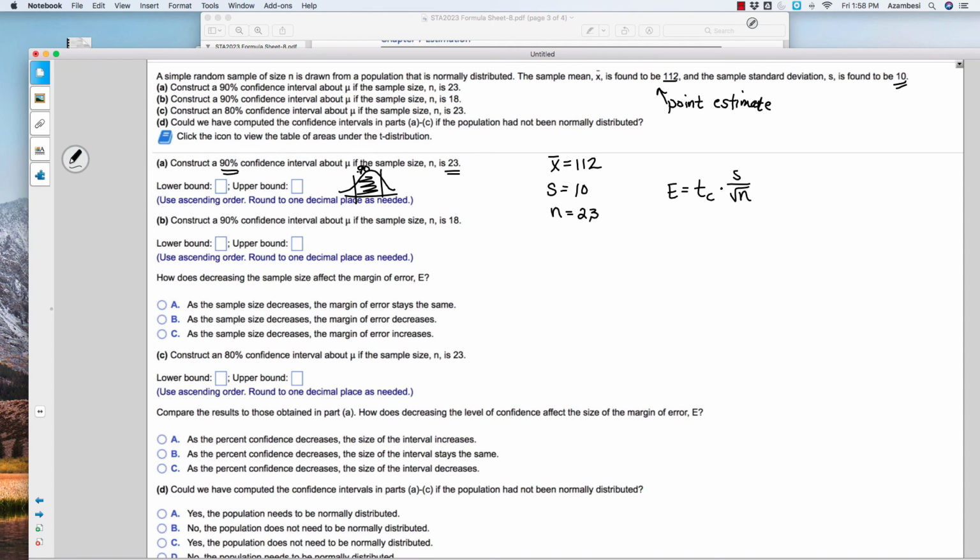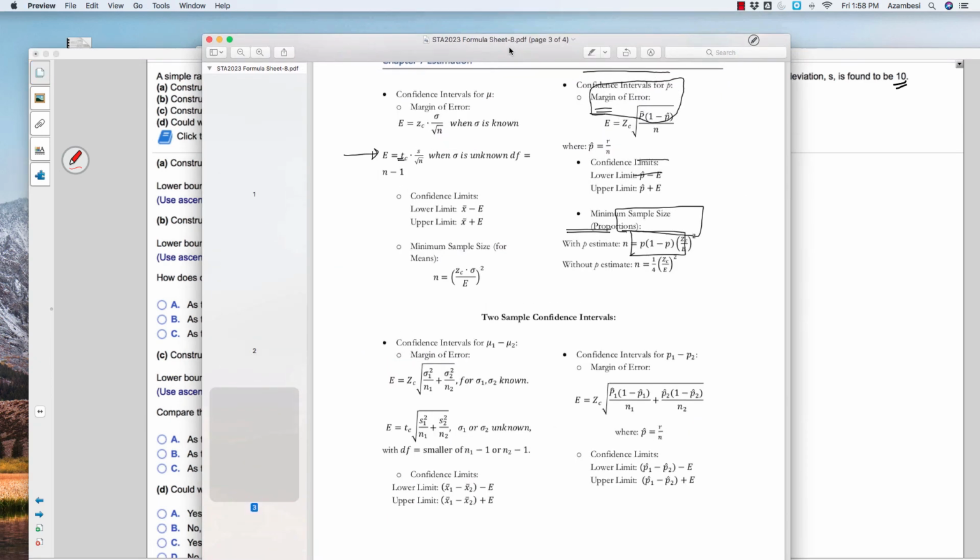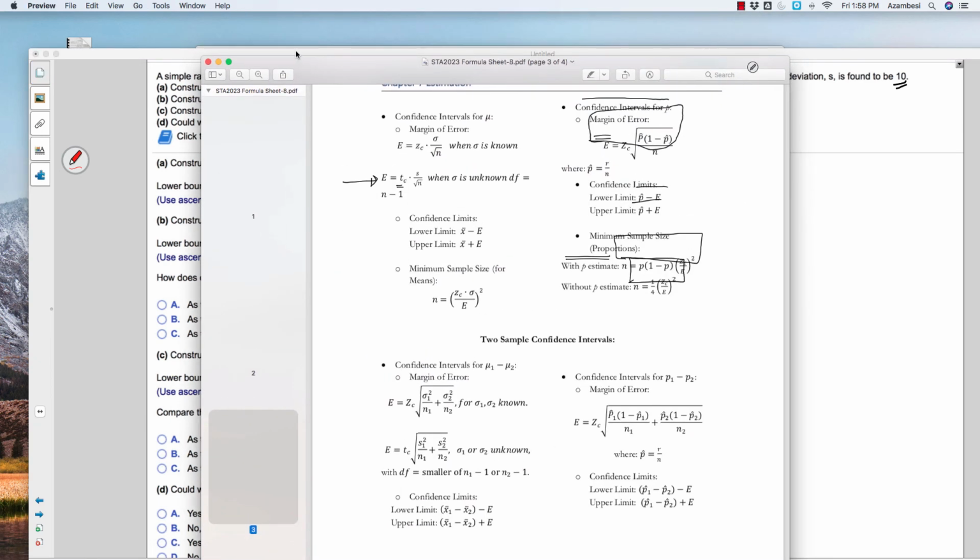So confidence interval, if I have 90% in the middle, this here is 0.9, then that means I have 0.1 left, and each side is going to be half of that, or 0.05. So let's take that information and bring it to the t-table and find our value of t.